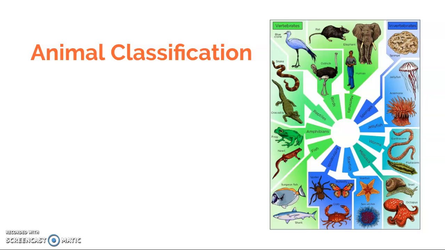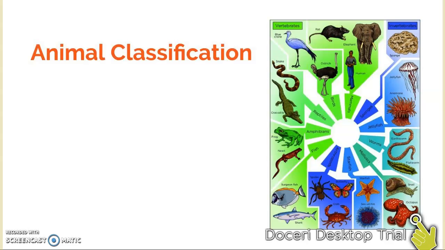With only a few exceptions, scientists can divide animals into invertebrates, which are animals without backbones, and vertebrates, those animals that have backbones.